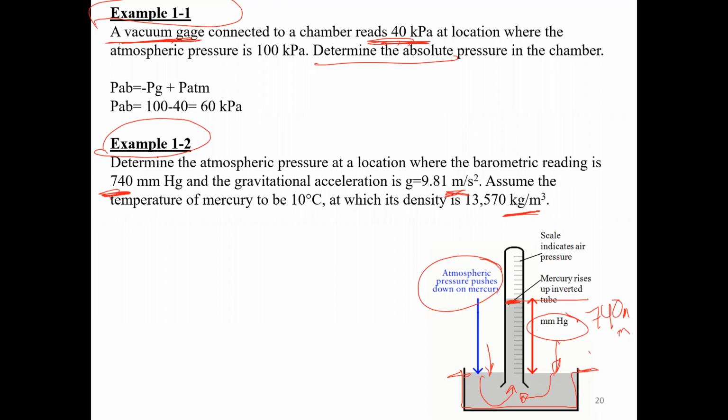I think it is much easier to change this millimeter to meter rather than changing all these units to millimeter. Correct? So what do you think here? How to find the atmospheric pressure from this information? Any idea? Based on what we mentioned before.